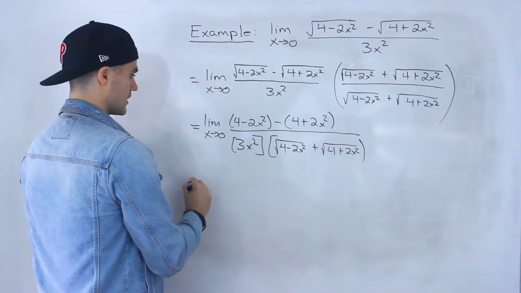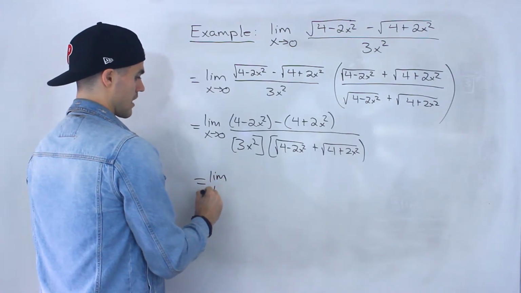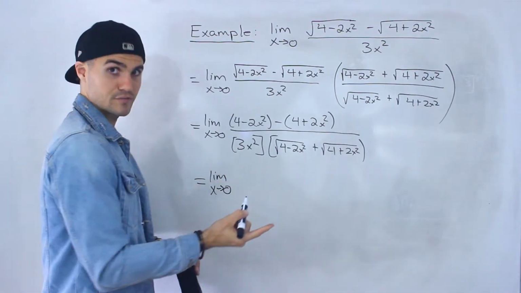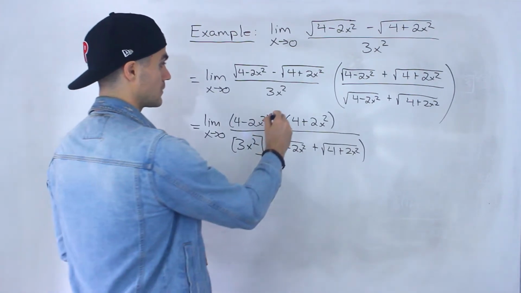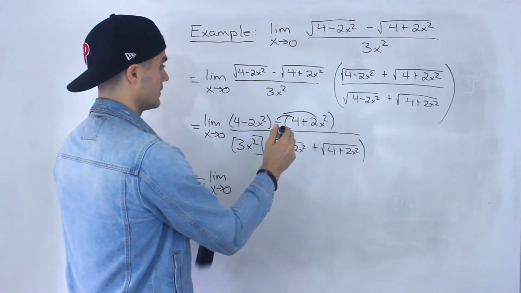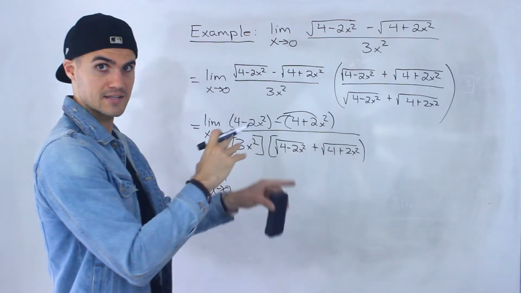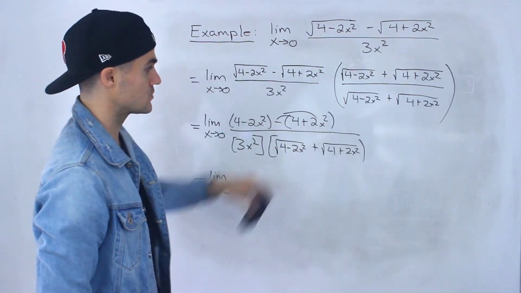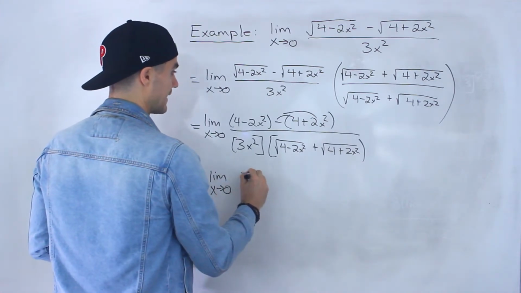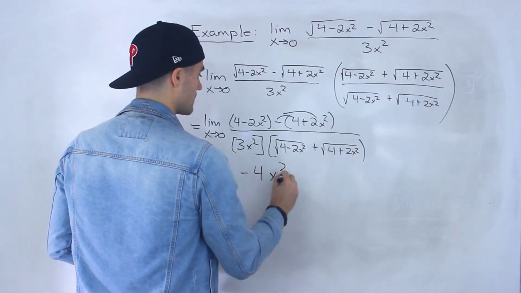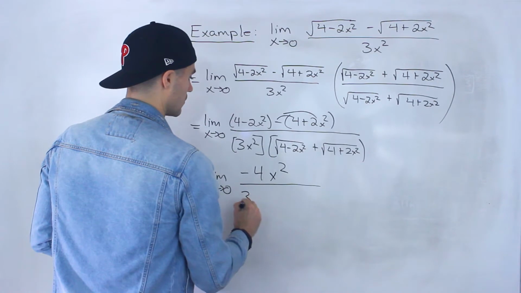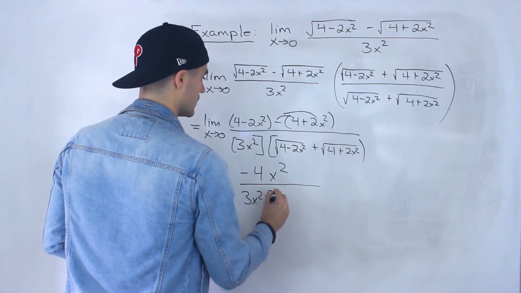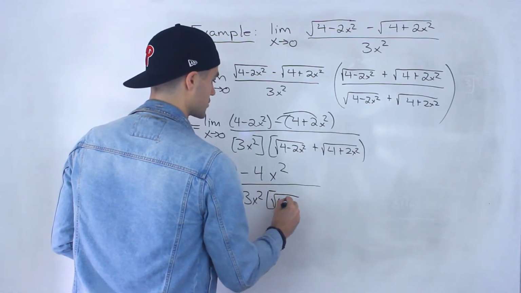And from here, we simplify the numerator. Notice when we distribute this negative inside the bracket, we'll have 4 minus 4, so those net out to 0. Then we'll have negative 2x squared minus 2x squared. So we'll have negative 4x squared at the top, over 3x squared times this entire expression again.